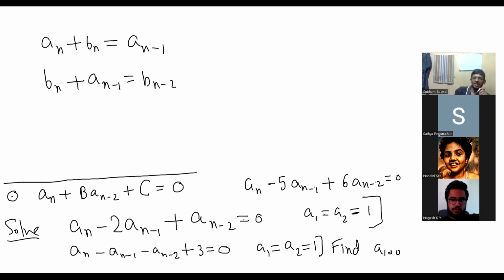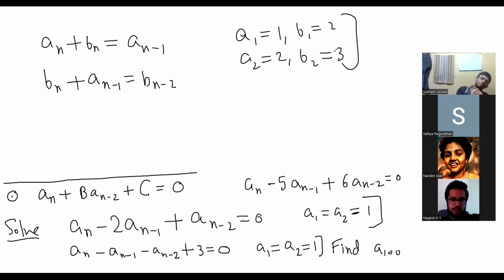And again, it doesn't matter, so you can take a1 to be 1, b1 to be 2. Maybe you will also need a2 and b2, so we just take something.